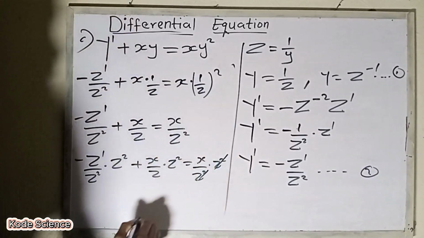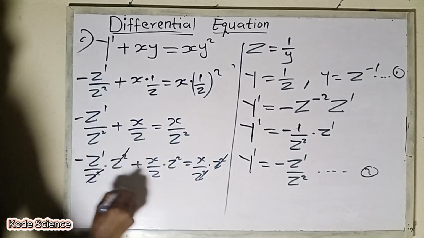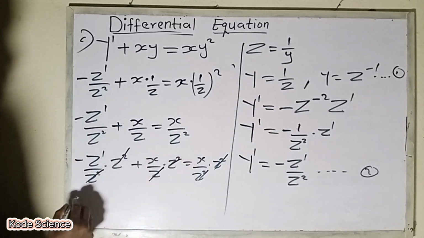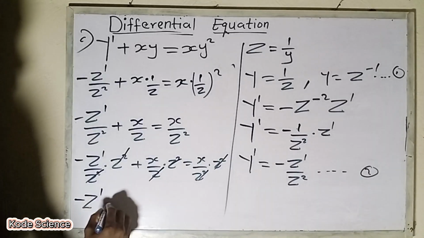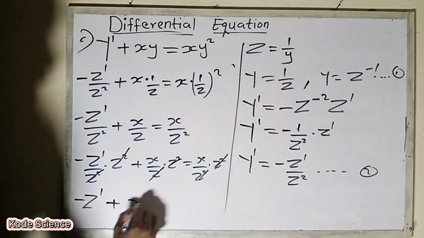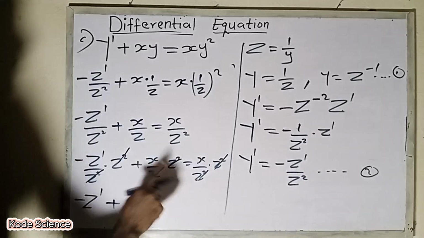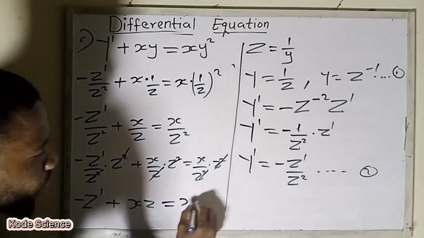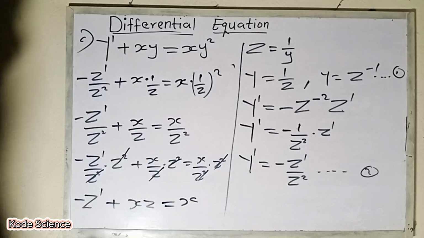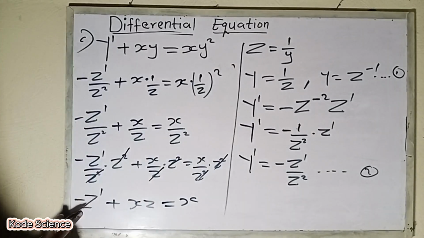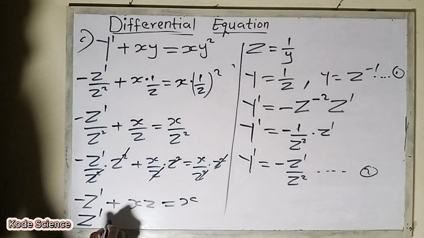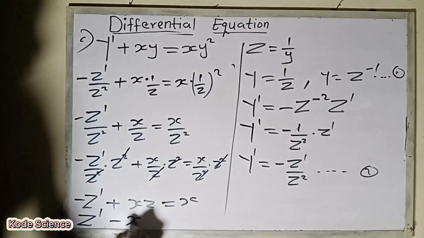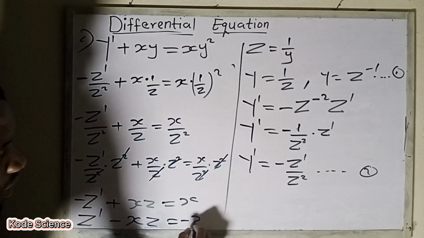We take away the z squared here, and here, and here we take away one z. So we have negative z prime plus x z is equal to x. Multiply all through by negative so that z prime is positive. We have z prime minus x z is equal to minus x.